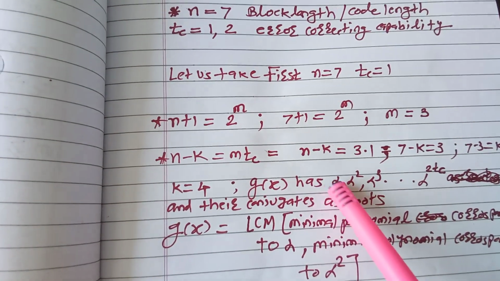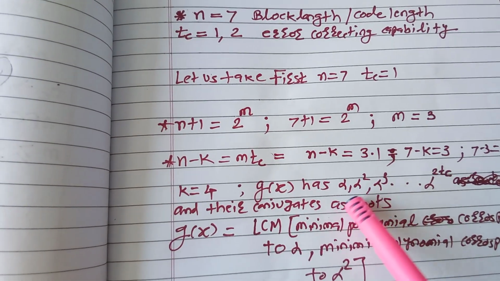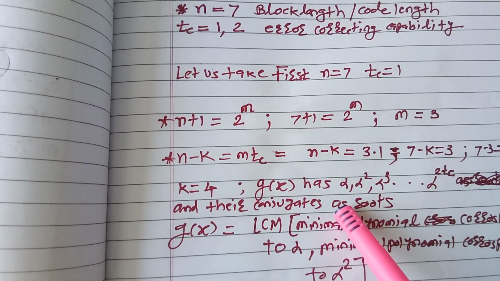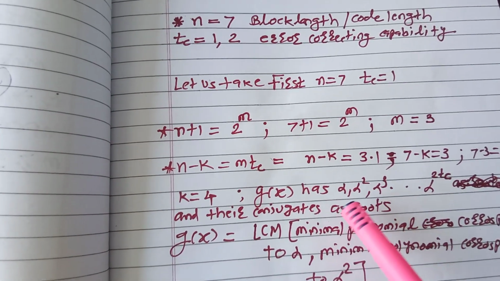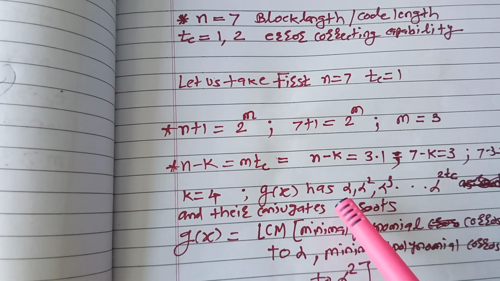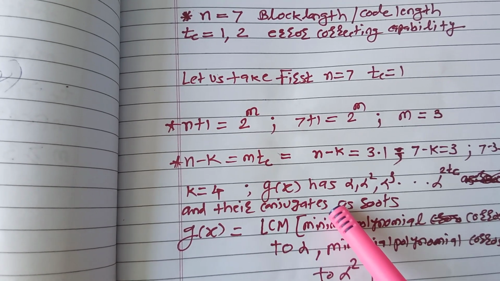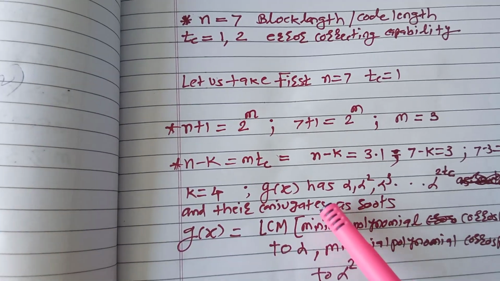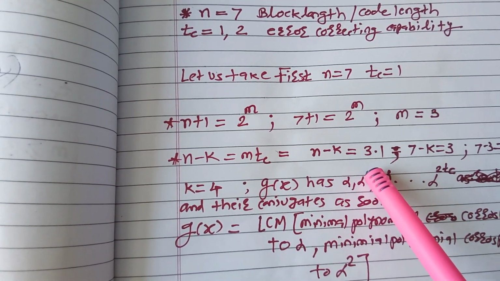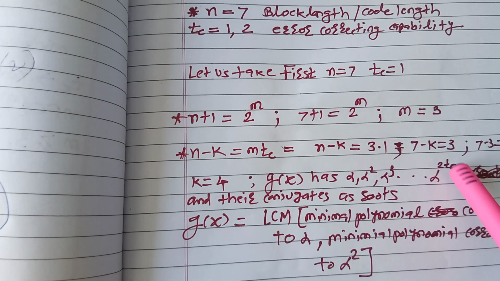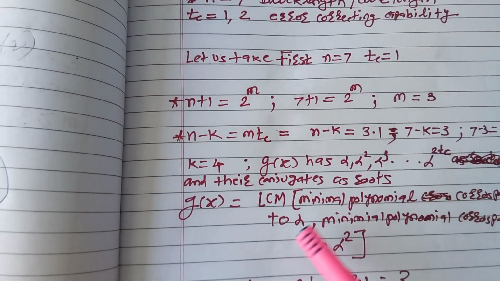Okay, so you know what the conjugates are, how minimal polynomials are formed from the conjugates. We have already done many videos on this. We have done the videos with Galois field 8 as well as Galois field 16. So this sentence is important, that G(x) has alpha, alpha square, alpha cube up to alpha raised to 2 TC and their conjugates as roots.